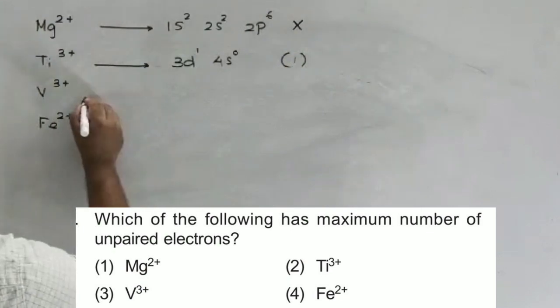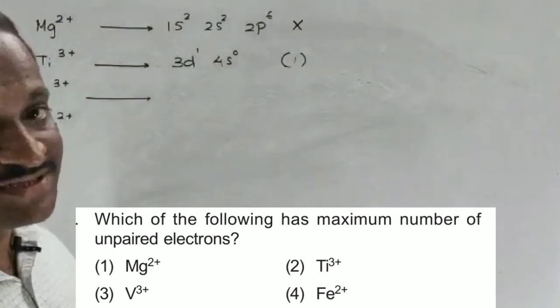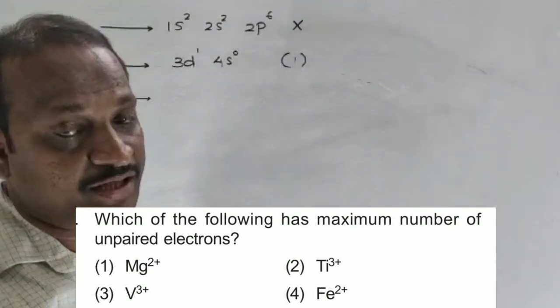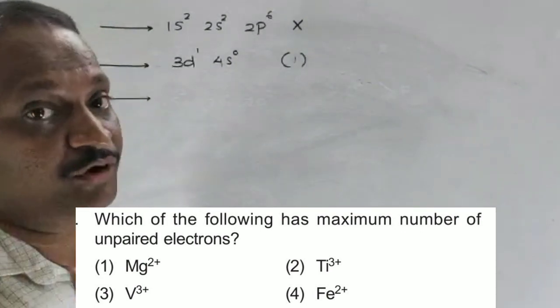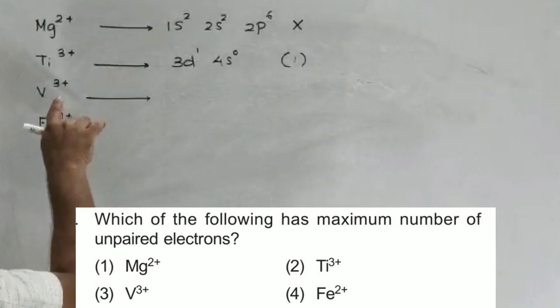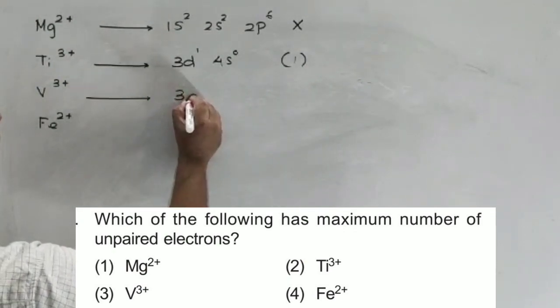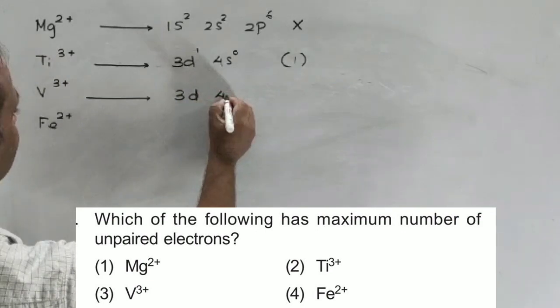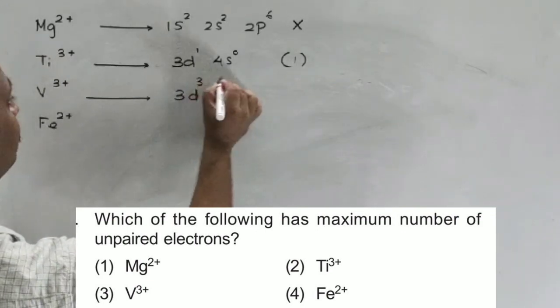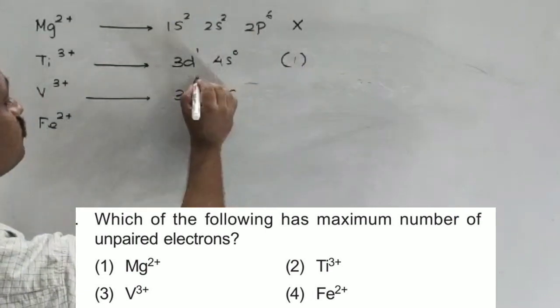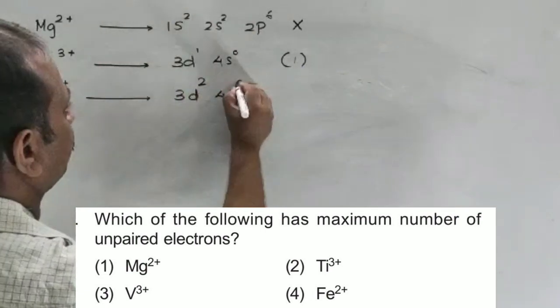1. Similarly, vanadium: scandium, titanium, vanadium. 23 means 3d3 4s2. So from that we have removed electrons. Actually it is supposed to be 3d3 4s2, and we removed the 4s electrons, so we will have 3d3 4s0.